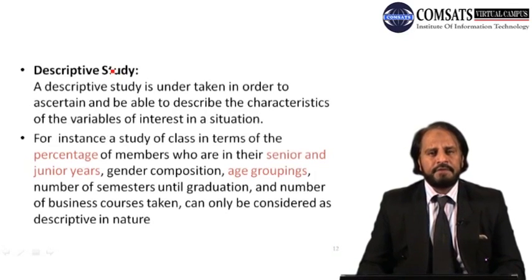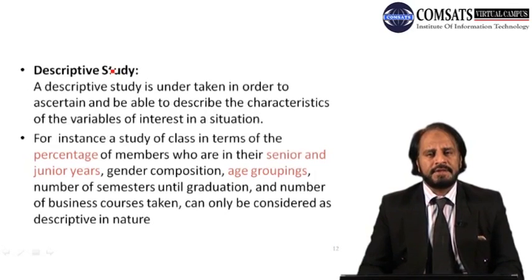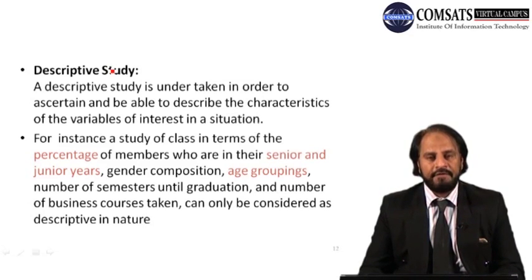The next purpose of the study is what we call descriptive studies. A descriptive study is undertaken in order to ascertain and describe the characteristics of the variables.